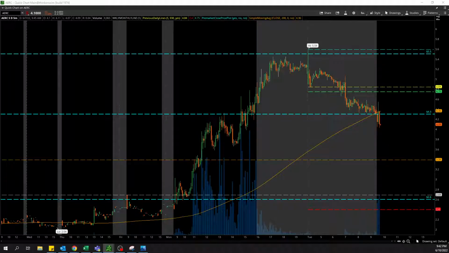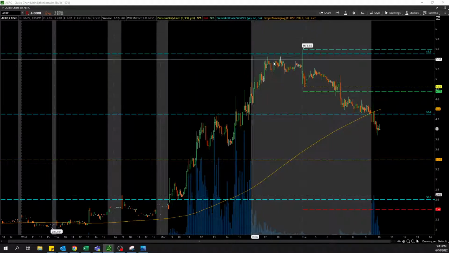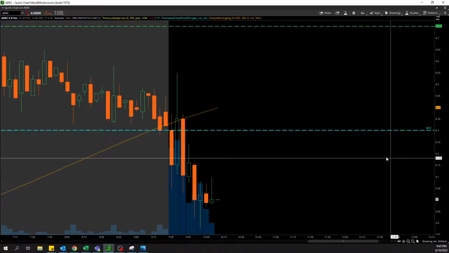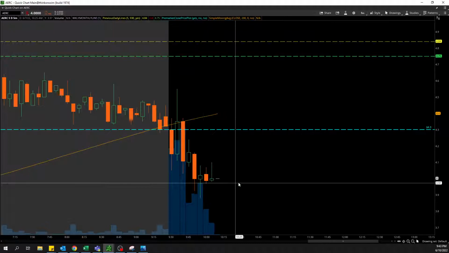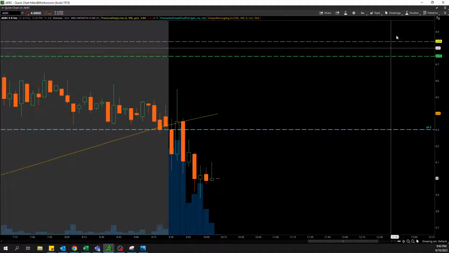I think it was at, so we got this 10:10 a.m. loaded. So as you can see, it started to kind of base out here at this 380, 398 area.